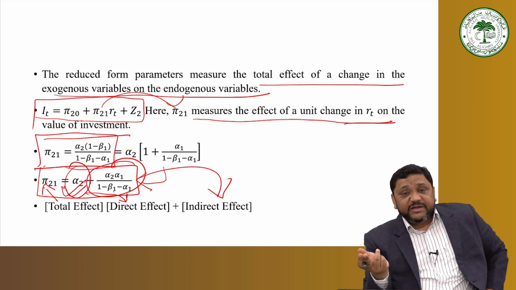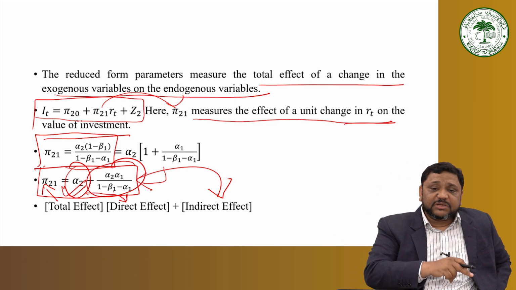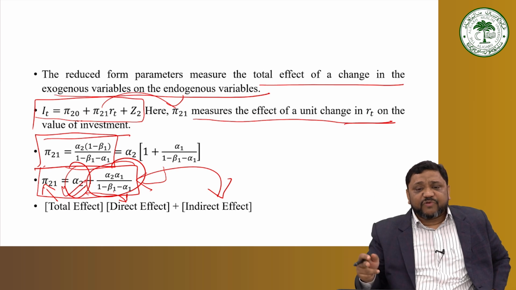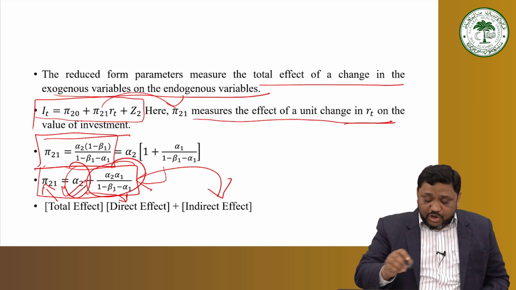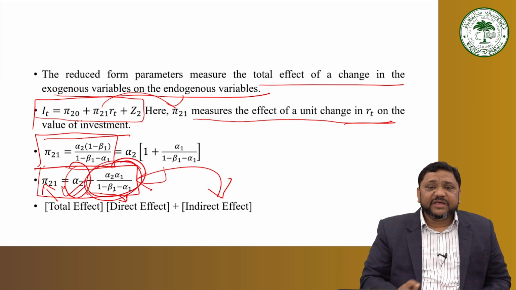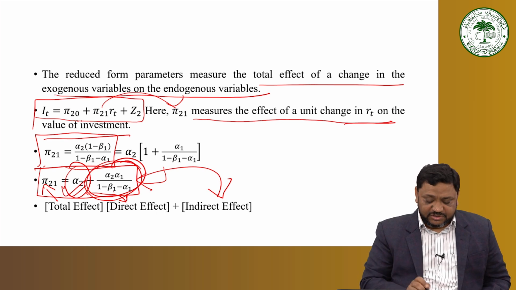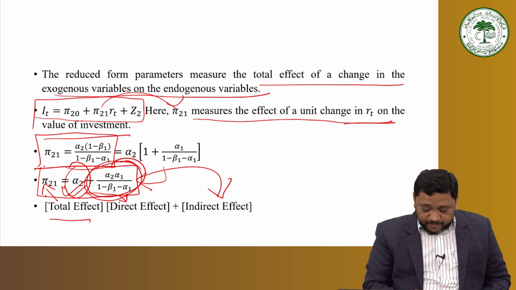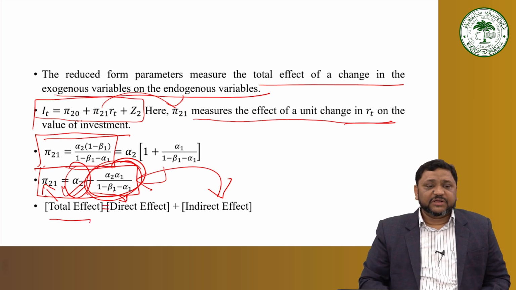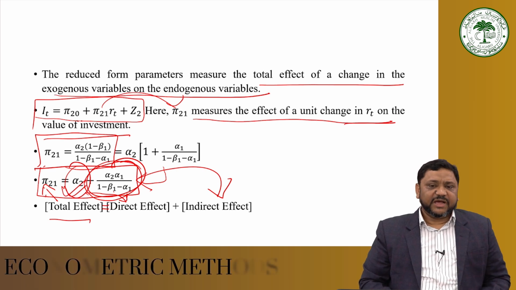Finally, Yt, that is your income, affects your consumption, which in turn affects Yt and hence It. So this particular thing is explaining the indirect effect. It should be an equal sign over here: total effect is equal to the direct effect plus the indirect effect.